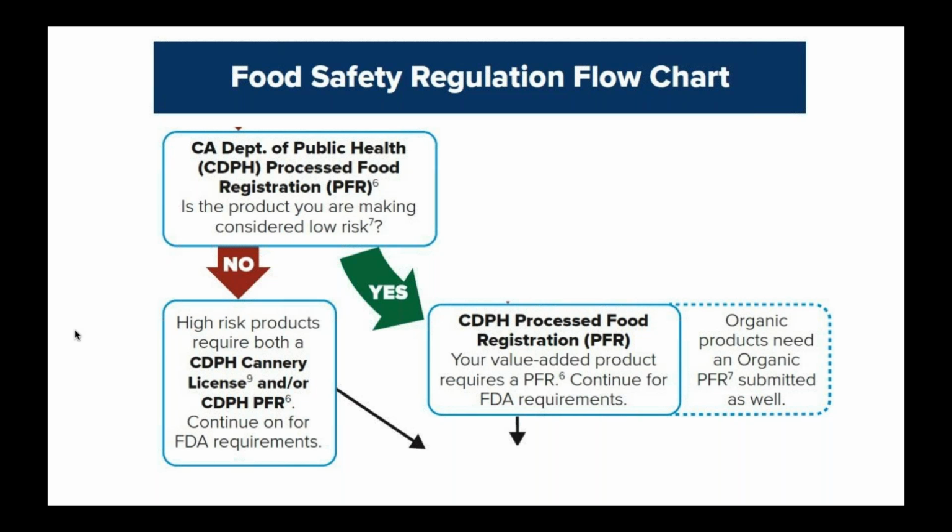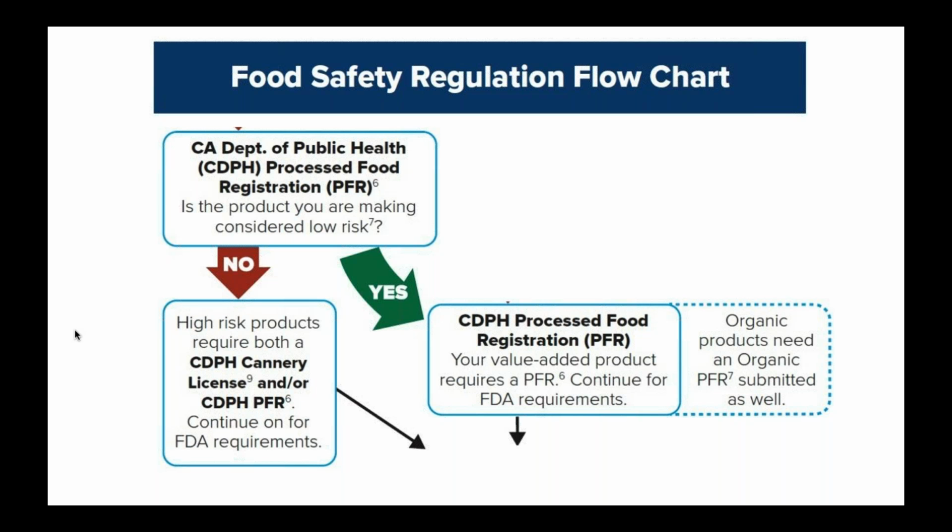So in this example, we'd have to have a cannery license in that commercial kitchen where we're producing the salsa. But we're also storing that salsa on our farm. And so that room in our packing house where we're storing that canned product would be required to have a processed food registration with the California Department of Public Health.